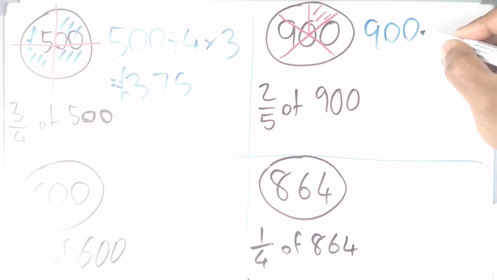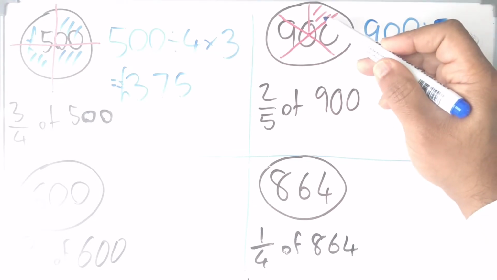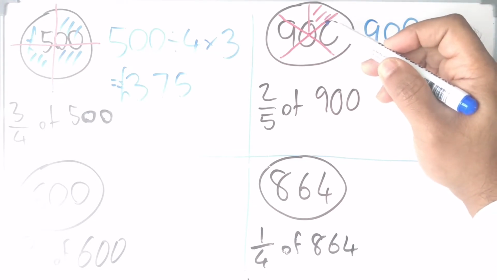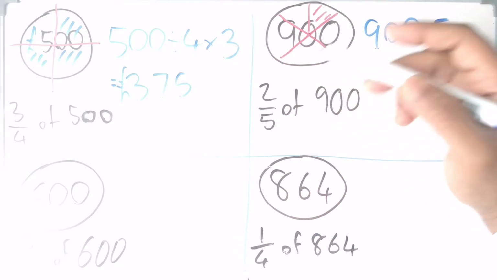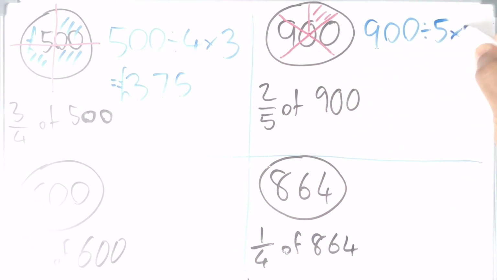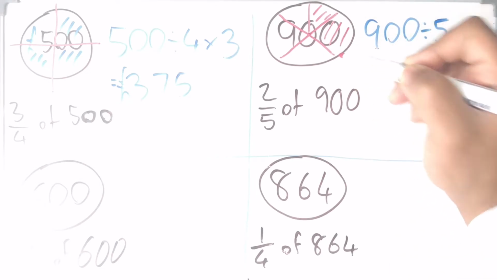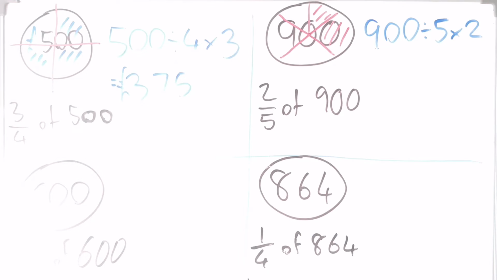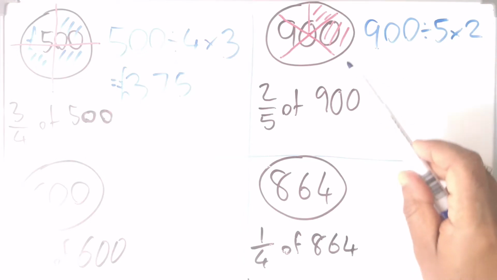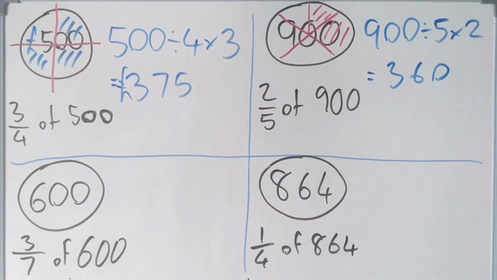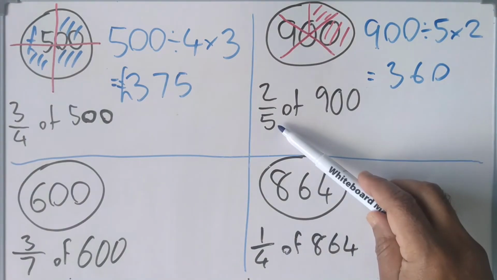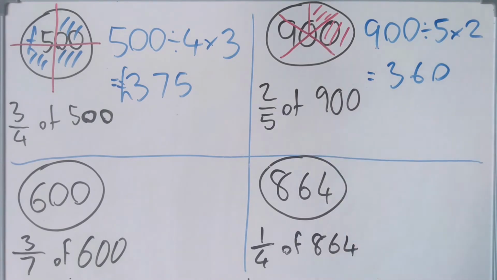So 900 divided by 5, that gives us the value of 1/5 of 900, but we don't want 1/5, we want 2/5, so we're going to times by 2. So 900 divided by 5, that's 180, and 180 times 2 is 360. So 2/5 of 900 is 360.